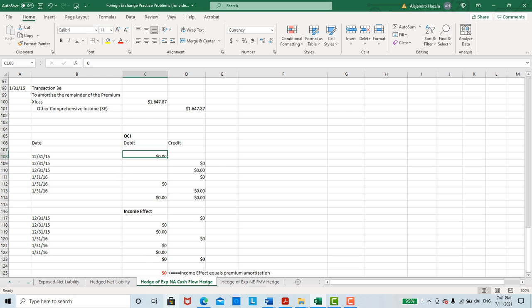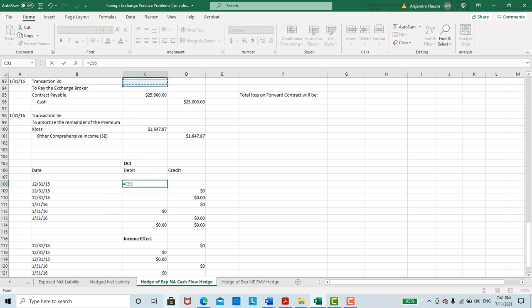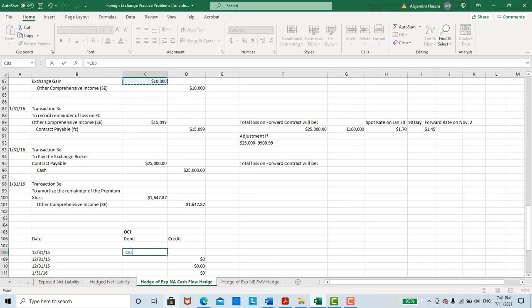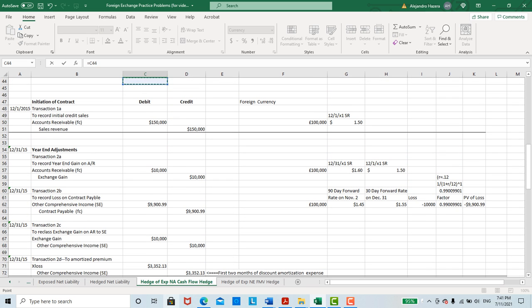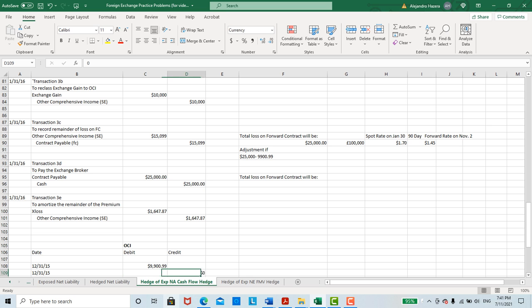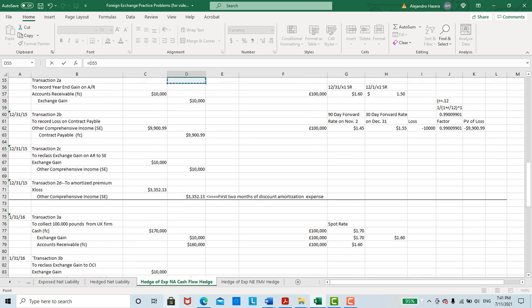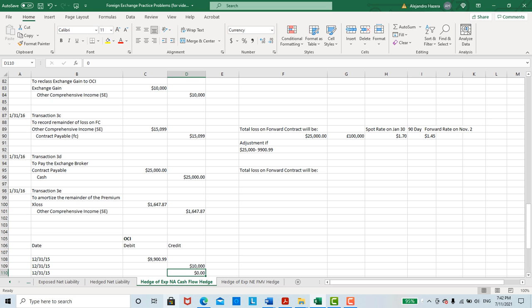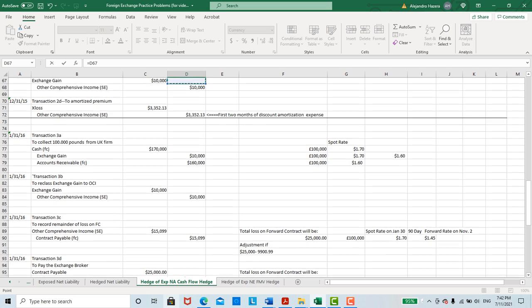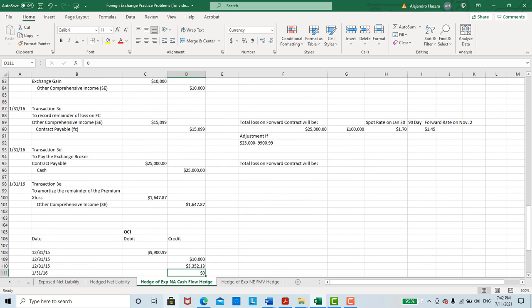So let's go to OCI. There's a debit on 12/31 to OCI, and there are two credits apparently. On 12/31/15, there's a debit to OCI for 99,099, and there's a credit to OCI on 12/31/15 for 10,000. That's on the contract. That's the reclass entry. And then there's a credit here for 33.52.